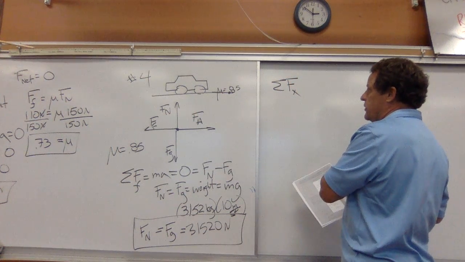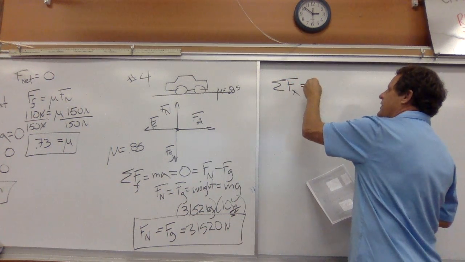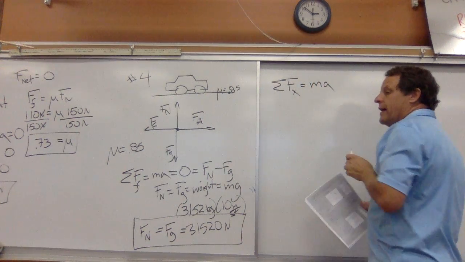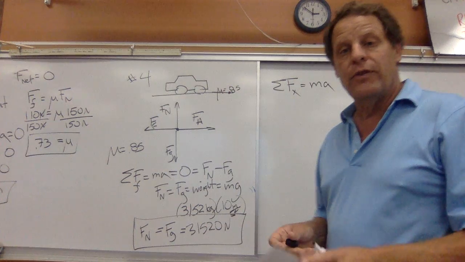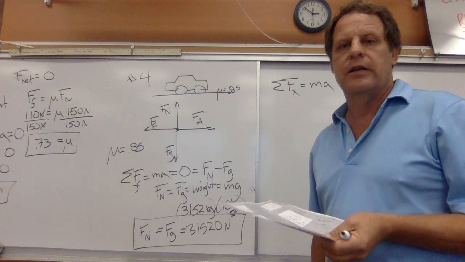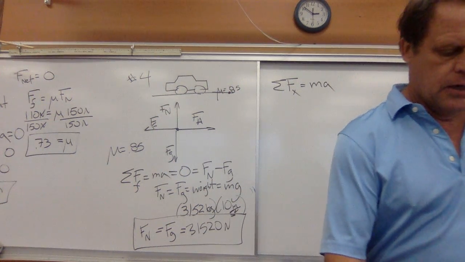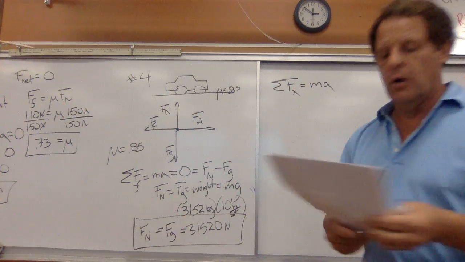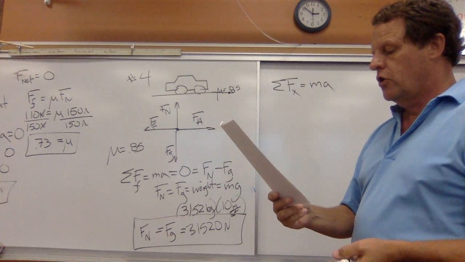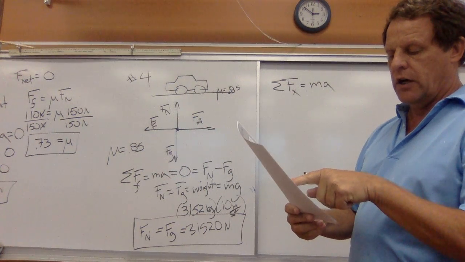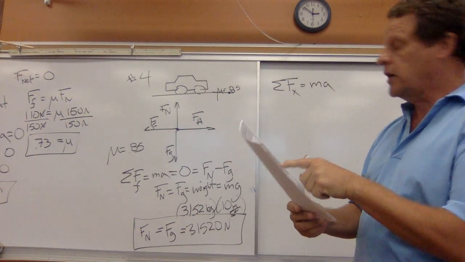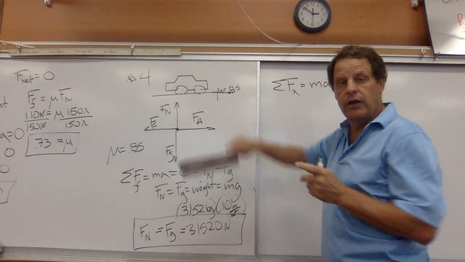in the x direction, and that's going to equal ma. All right, so now we got to think about what this question is asking us. If the static friction coefficient between the truck and the concrete is 0.85, right?